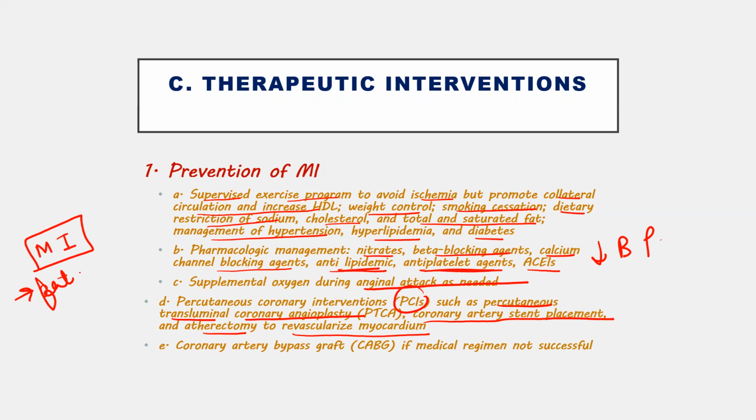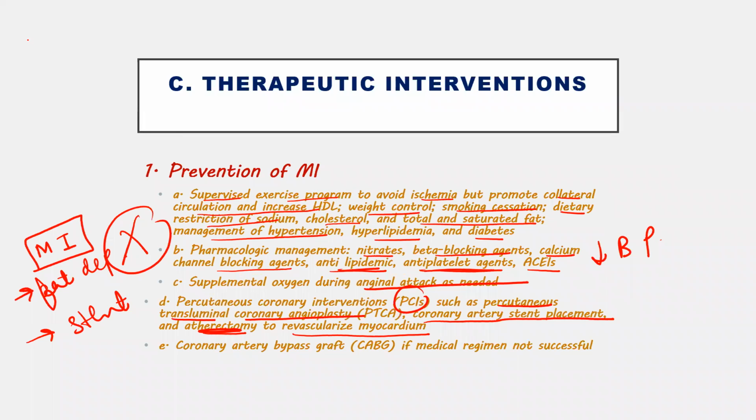If there is atheroma, that is fat deposition, that can be removed. That is atherectomy. And if there is a blockage in the heart, a stent can be placed. Stent will help in preventing narrowing of the artery. And third is percutaneous transluminal coronary angioplasty.